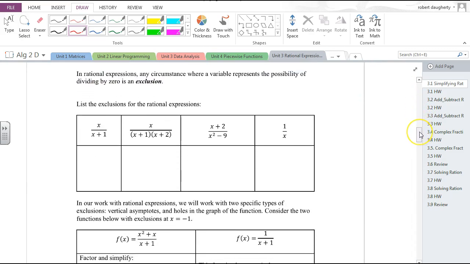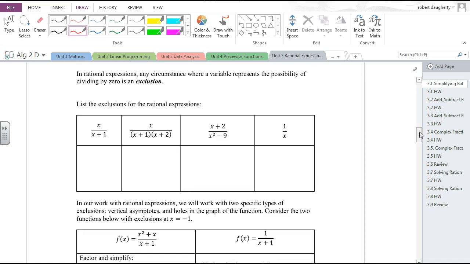So let's talk about exclusions when we see a problem, okay? The exclusion is I cannot divide by 0. So when I look at a rational expression, what would cause me to divide by 0? In this one, what would cause me to divide by 0 when x plus 1 is equal to what? 0.